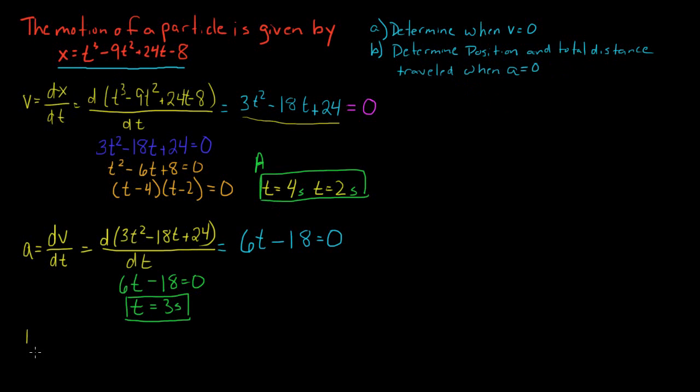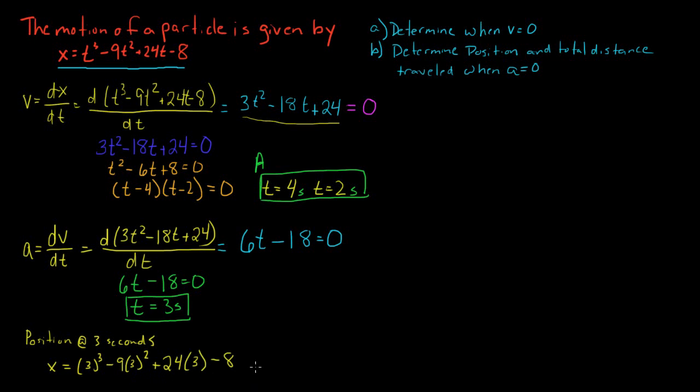So the position at 3 seconds is x equals 3 cubed minus 9 times 3 squared plus 24 times 3 minus 8.